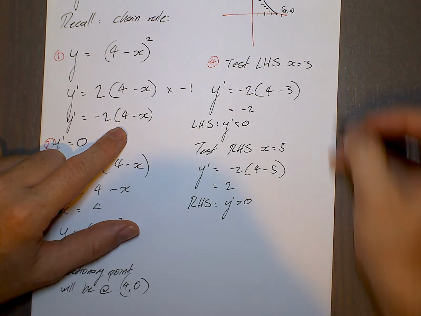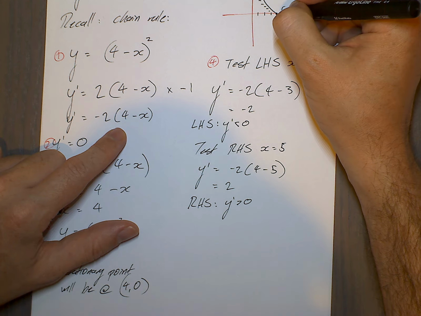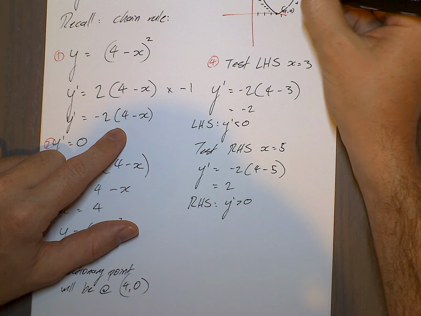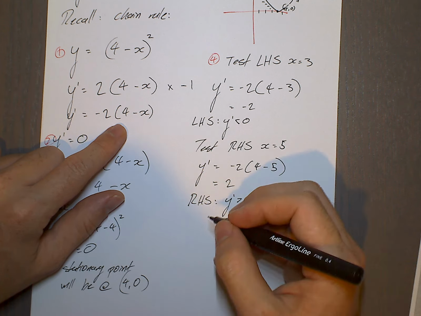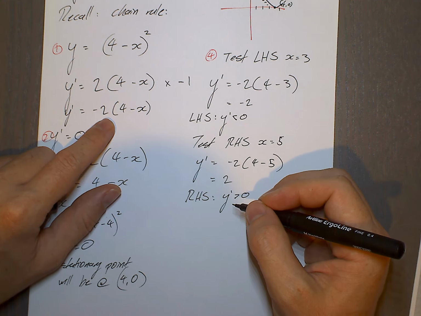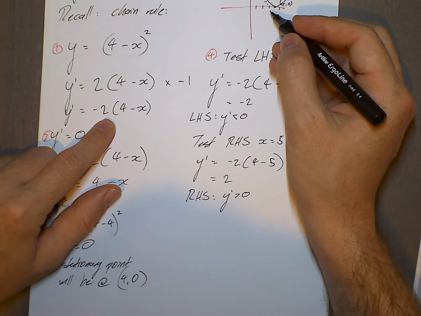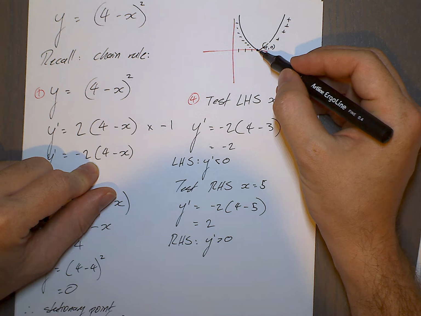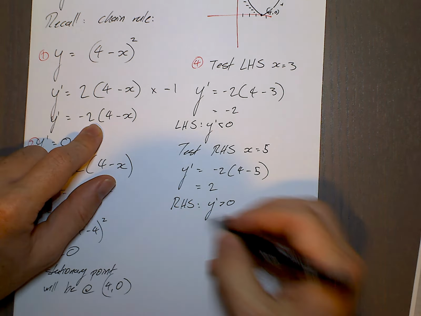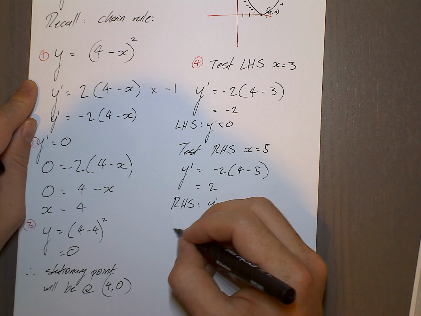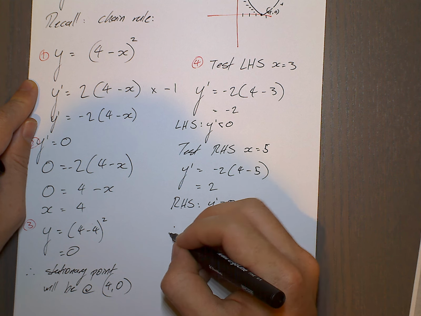That means it's positive, so it's going up. Based off our rules that we learnt prior, this should be a minimum.